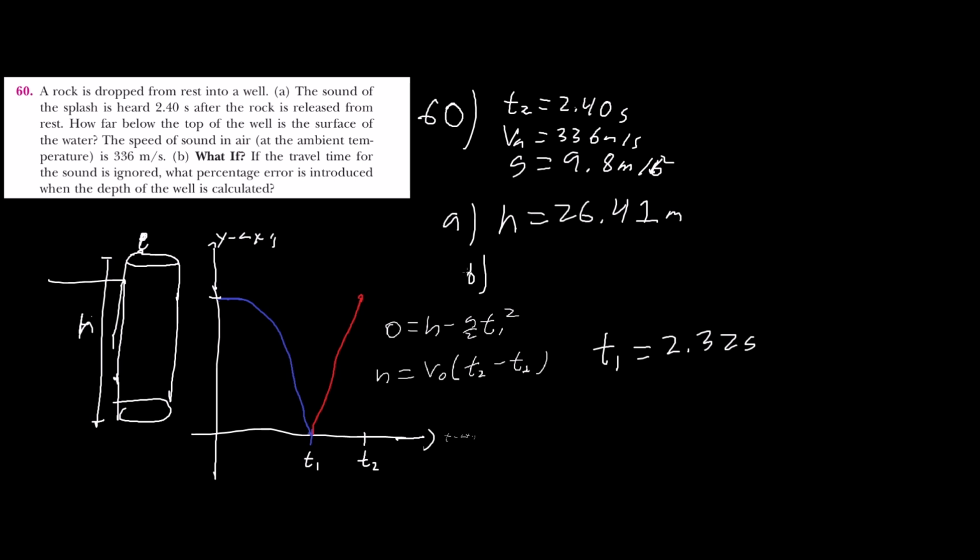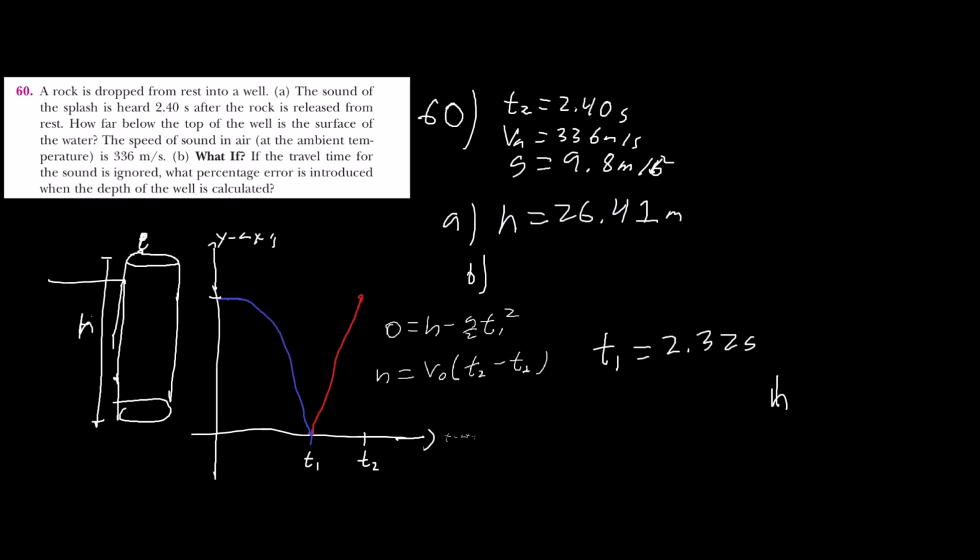So that's part A. Part B: if the travel time for the sound is ignored, what percentage error is introduced into the calculated depth of the well? So that's another way of saying, if the well is at that specific height, which is 26.4 meters, then what would the time be if this was ignored?